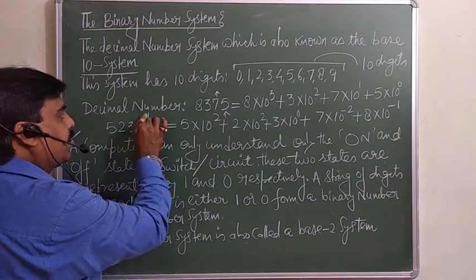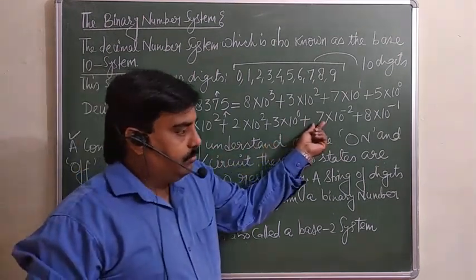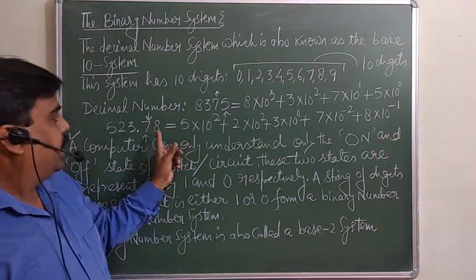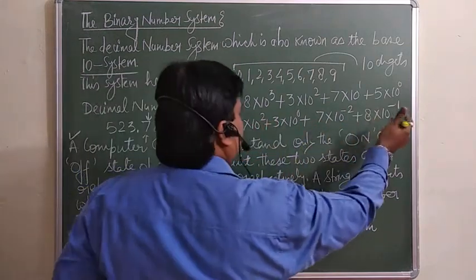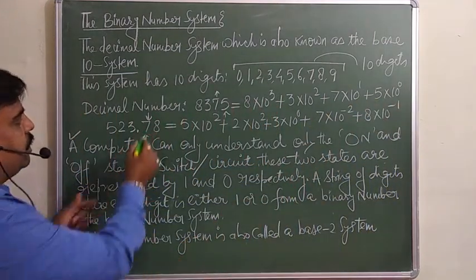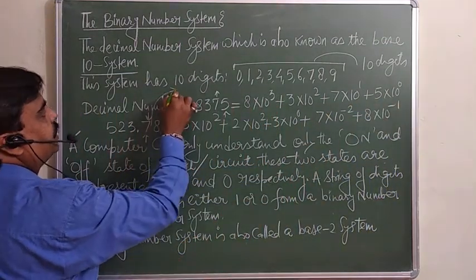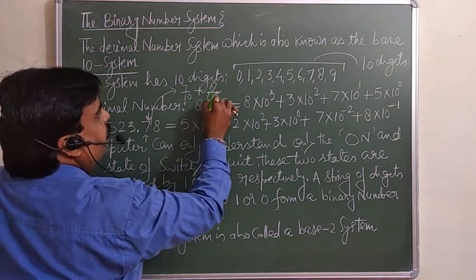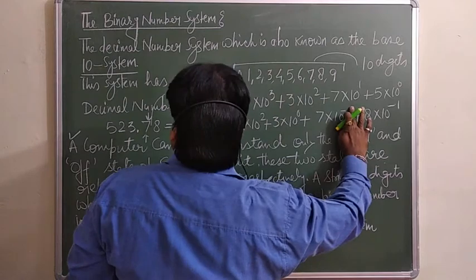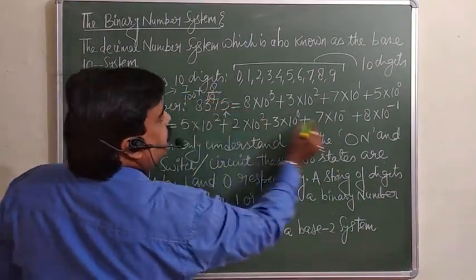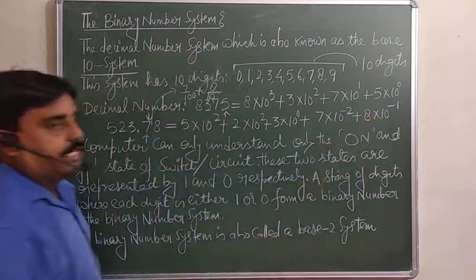But for the fractional digits, we will write 7 into 10 raised to power minus 1 plus 8 into 10 raised to power minus 2, because this can be written as 7 over 10 plus 8 over 100.